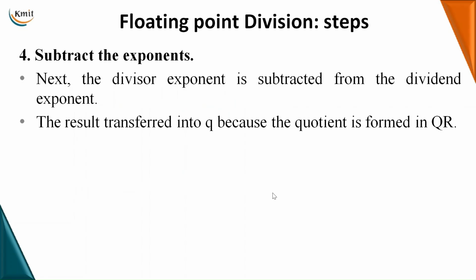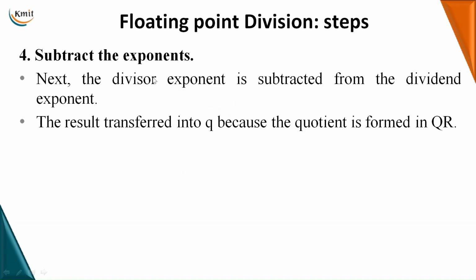So once the alignment of dividend is done, the next step is to subtract the exponents. So your exponents now are in the form of a power m by a power n, because you are performing a division operation. So when your exponents are in the form of a power m by a power n, you have to perform a to the power of m minus n.